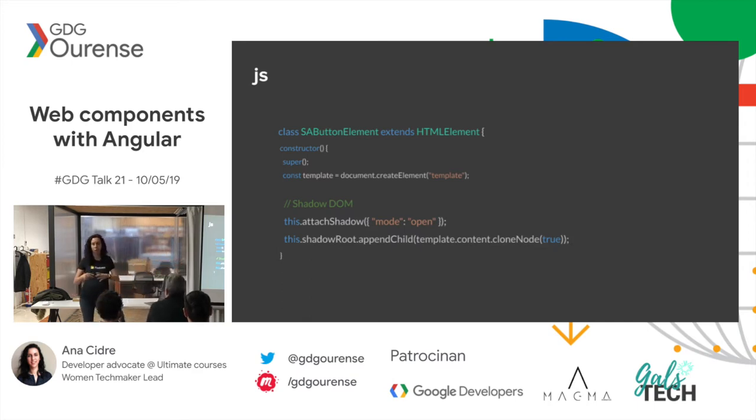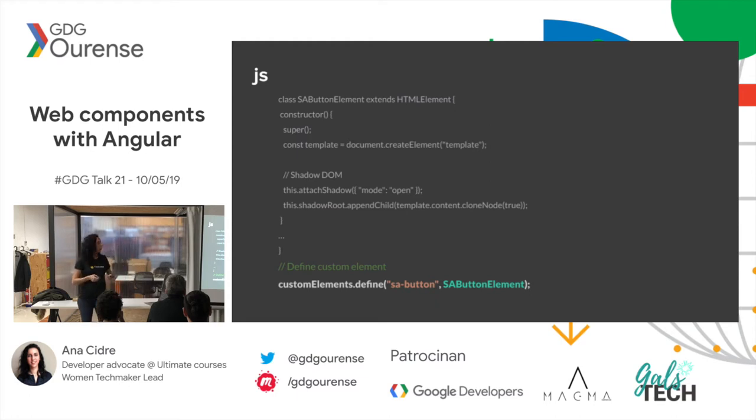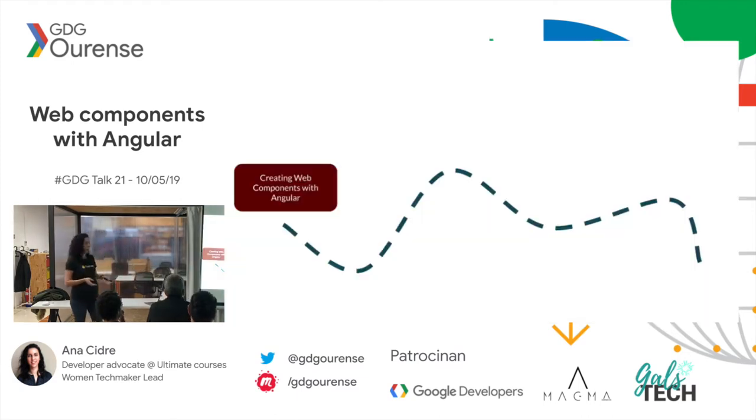You have shadow DOM, you have the encapsulation. Pretty simple step. And then to actually call or name our custom element, we just call the custom elements.define method, which is supported natively by many browsers now. We'll take a look at the browsers at the end. And then you give it a name and a selector. And that's it.